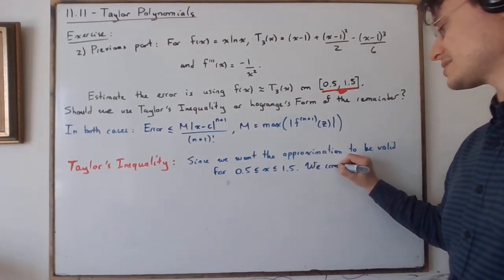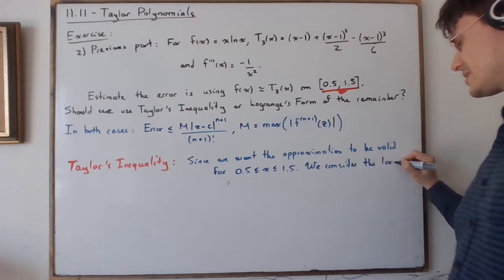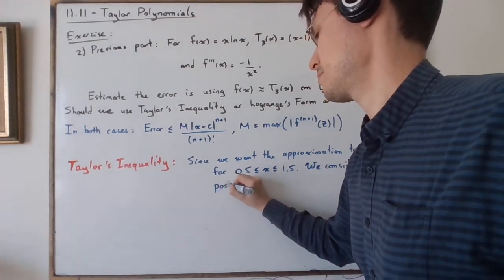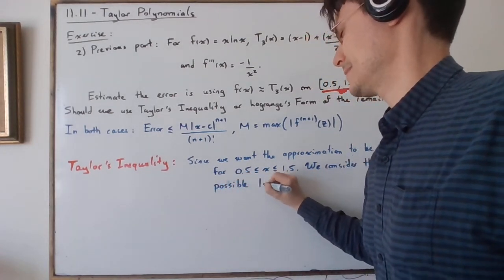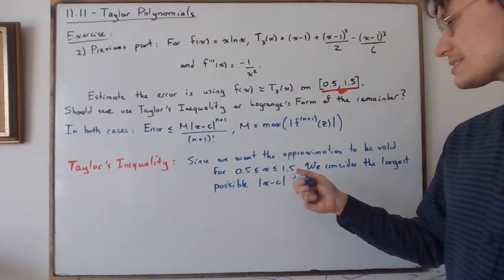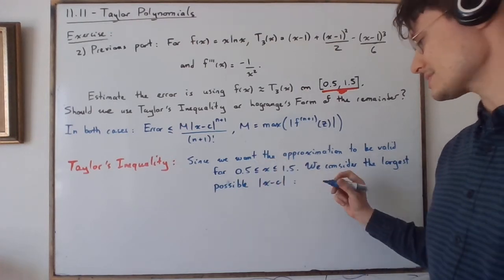So we consider the largest possible value for x minus c. This largest value automatically occurs at the endpoints.